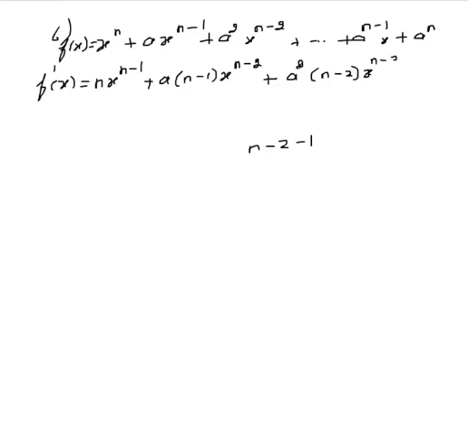It becomes n minus 3 plus etc. A raised to n minus 1 is a constant. Differential of x is 1 plus a power n is a constant. Derivative is 0. This is the answer. We need not write plus 0. I remove that term.